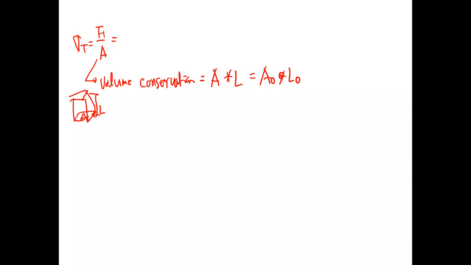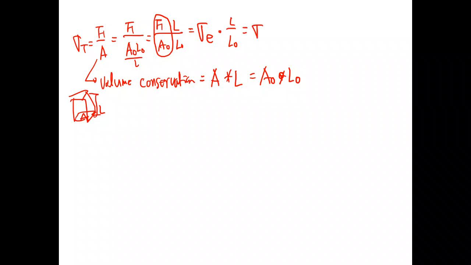From this relationship we can convert it: A equals A0 L0 over L. But this definition is our first engineering stress definition. Then with L0 and L, this part can be changed and looks like this, because epsilon E is just expressed like this.